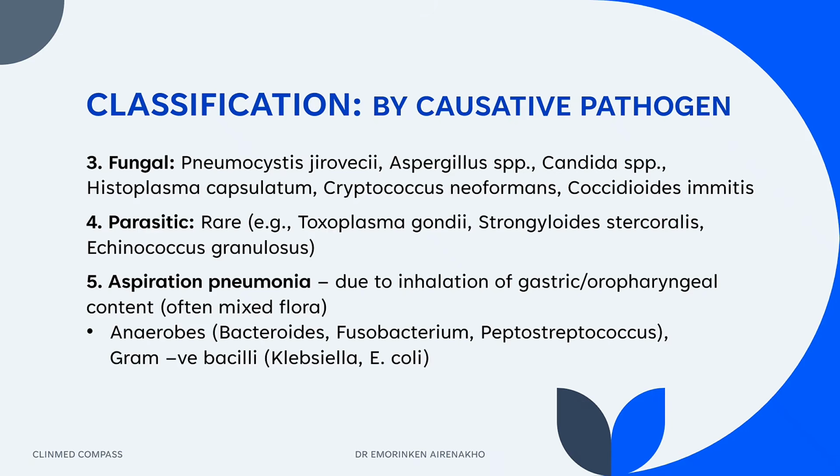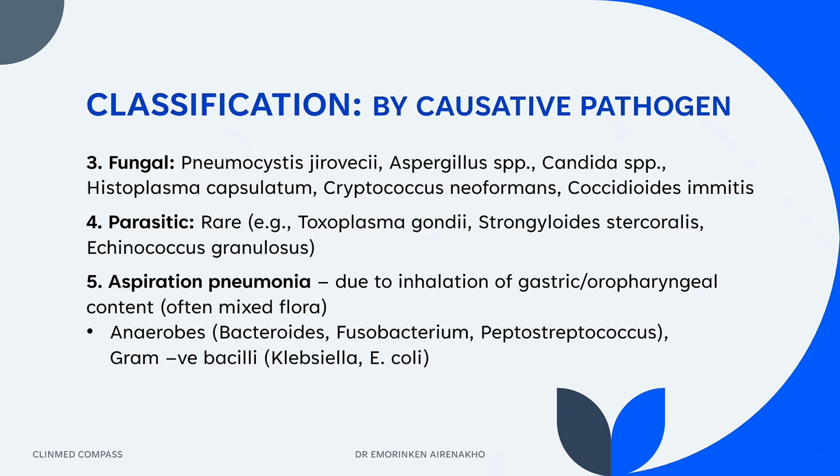Pneumocystis jirovecii in HIV, others Aspergillus species, Cryptococcus neoformans, Histoplasma capsulatum, and Coccidioides immitis. Parasitic causes are rare, but include Toxoplasma, Strongyloides stercoralis, and even Echinococcus.